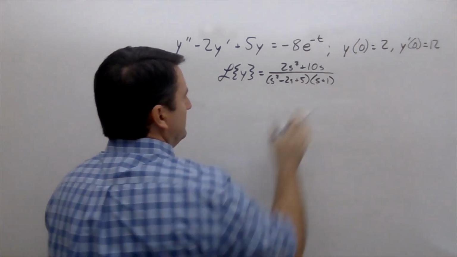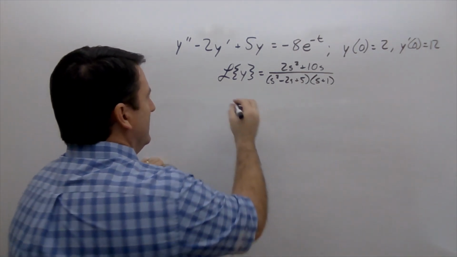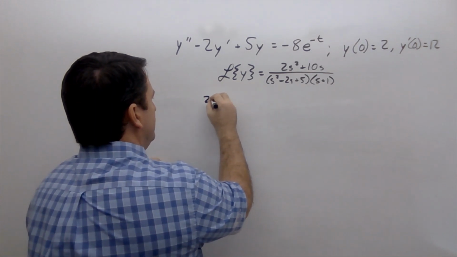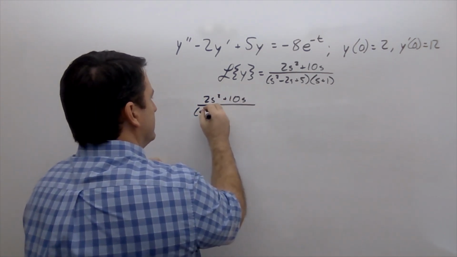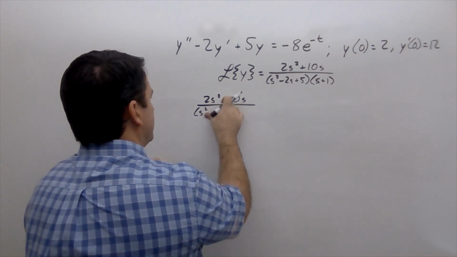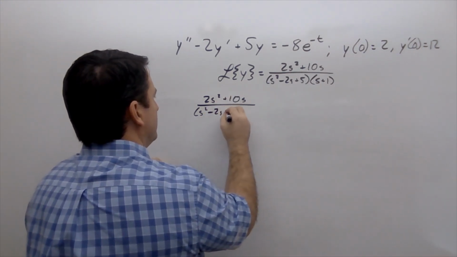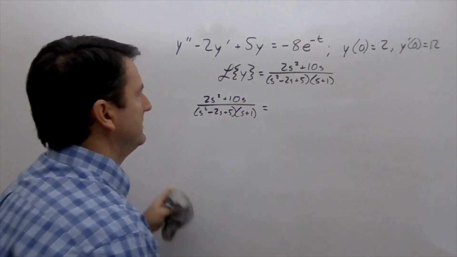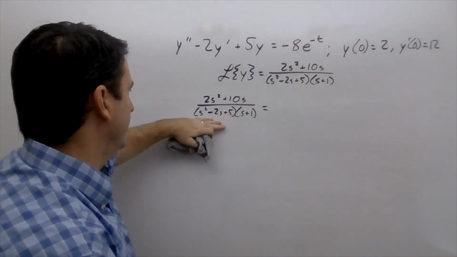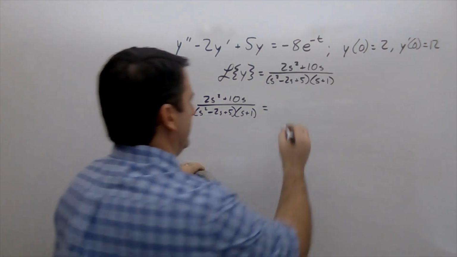So we need to use partial fractions here. So let's set this 2s squared plus 10s over all of this, s squared minus 2s plus 5 times s plus 1, set that equal to, remember, we're going to need to complete the square here.